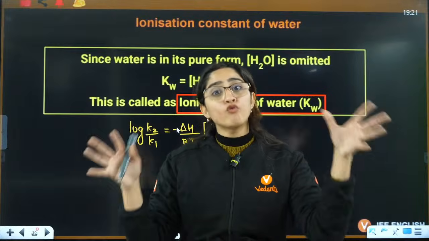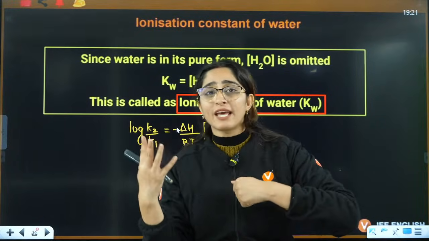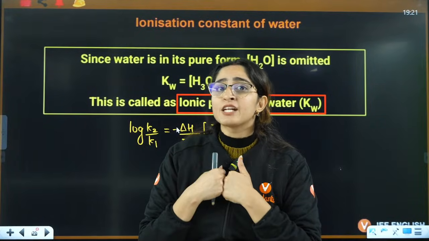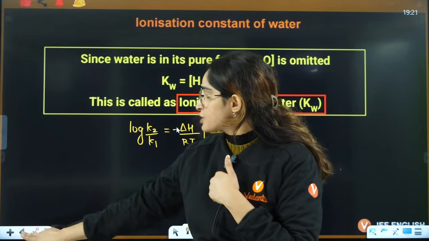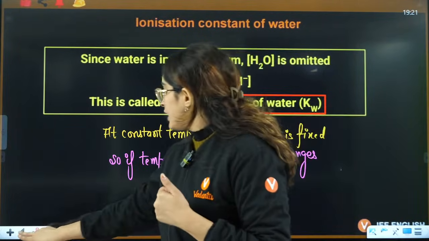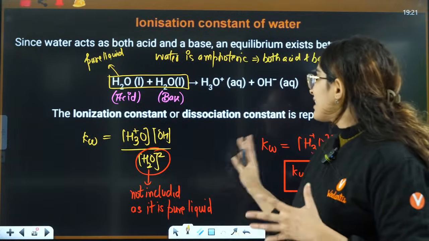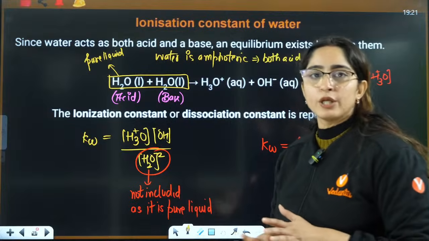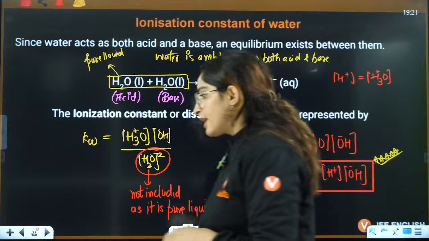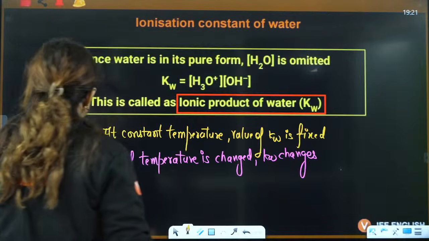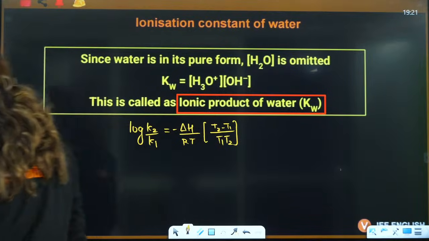If you have two water molecules, where one is losing and one is accepting H positive, right? This kind of situation, then the same equilibrium constant will be called the ionic product or ionization constant, that is Kw, right? Okay. So this is the Clausius-Clapeyron equation.